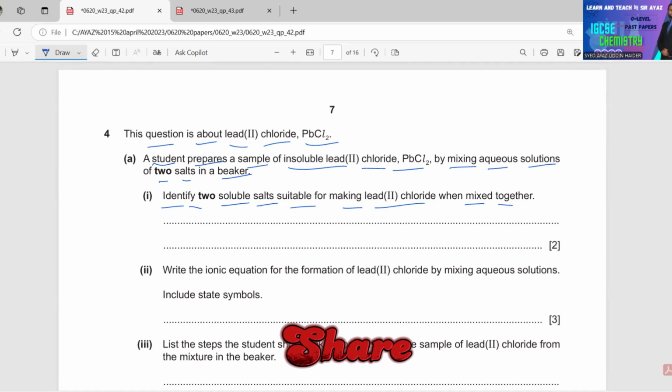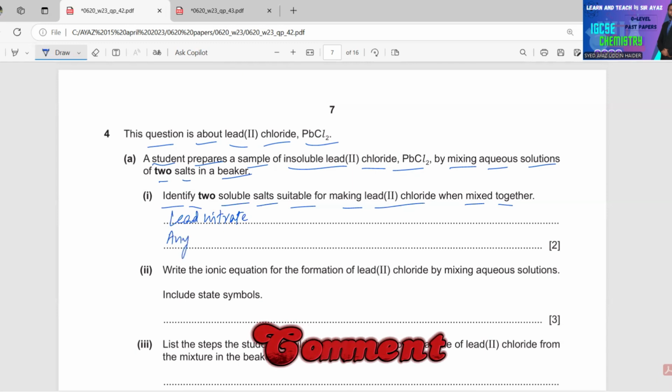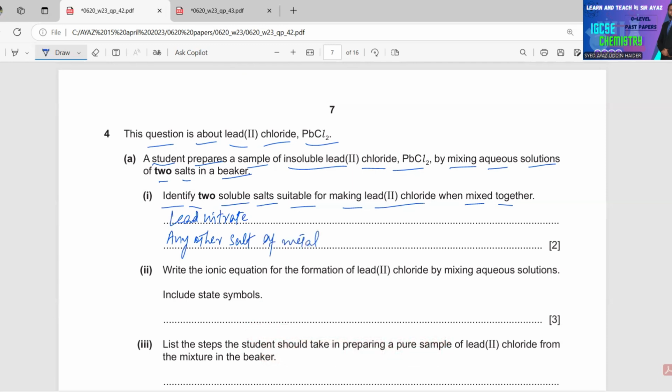Now let's take the soluble salt of lead. So we have all nitrates are soluble, so I can take lead nitrate. And any other soluble salt of a metal more reactive than lead.